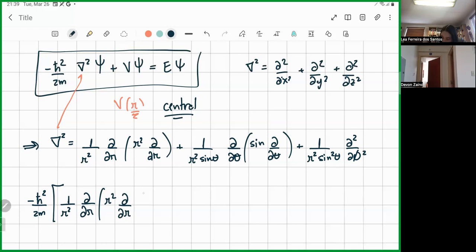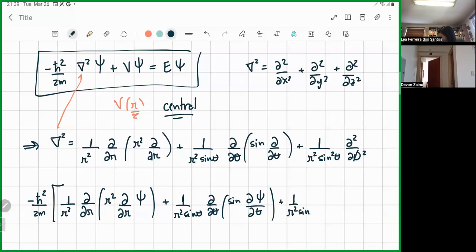What is going to come now? The psi. And so we'll have to do all these derivatives for the psi. I don't even have enough space to write on the tablet. Then the potential and the energy. Okay, so this is the equation that we'll have to solve.